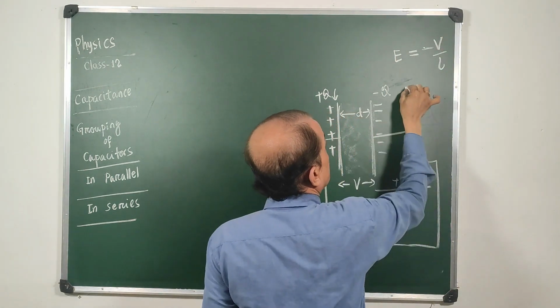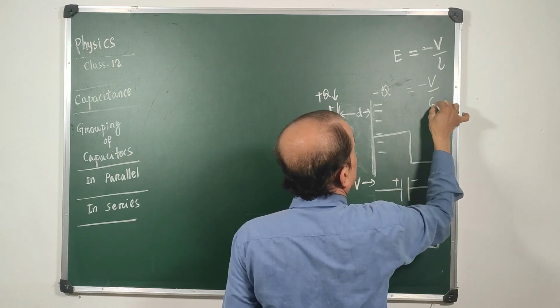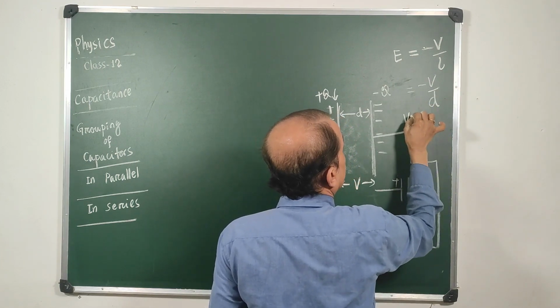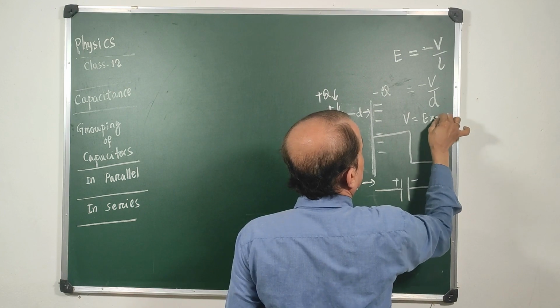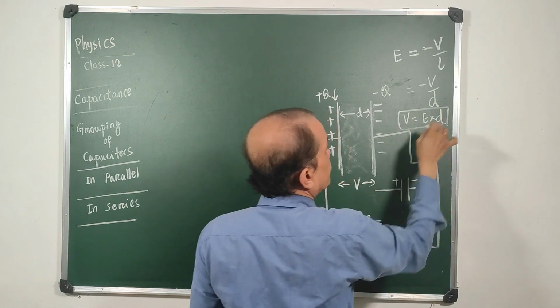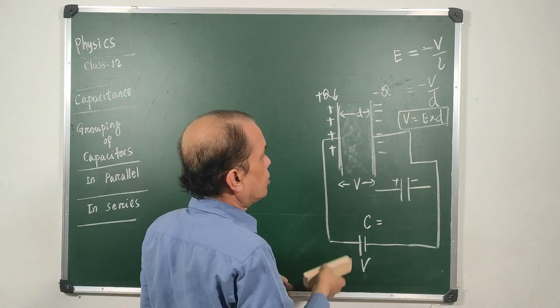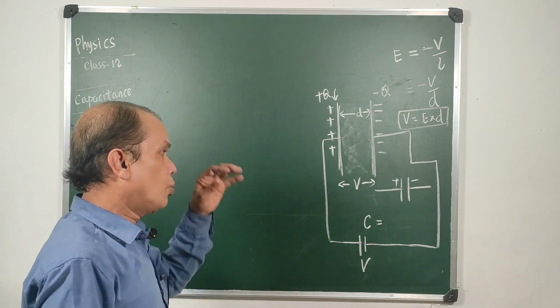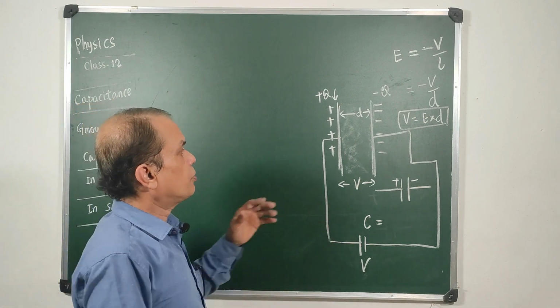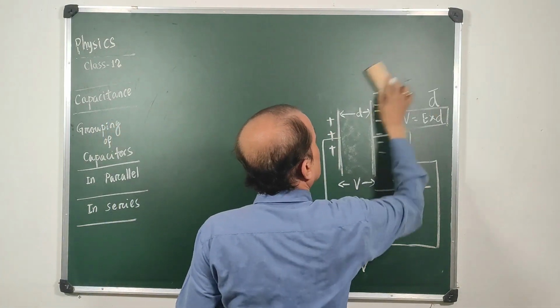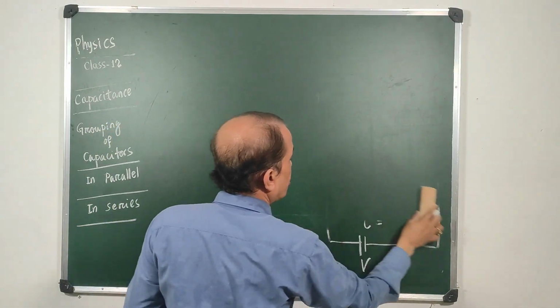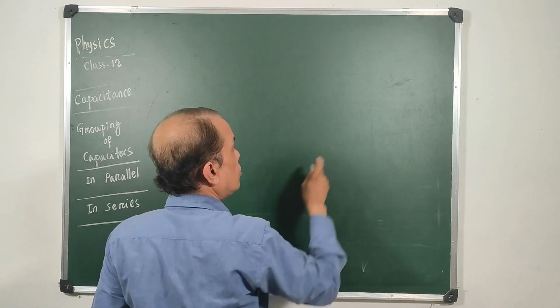So in this case it will be minus V by d. That means potential is E into d. This will be discussed in future classes, where you will study the capacitance of a parallel plate capacitor. But in this discussion we are just talking of capacitance as a whole.